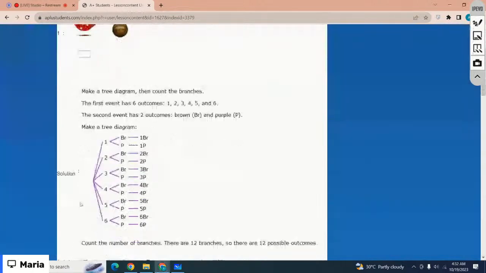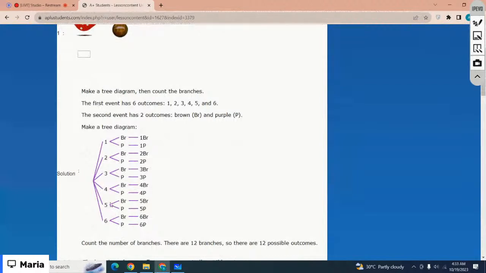When you roll a die and get one, you have two possibilities: either you select the brown or the purple marble. When you roll a two on the die, again you have two options, either brown or purple. So this way the total outcomes are 12.